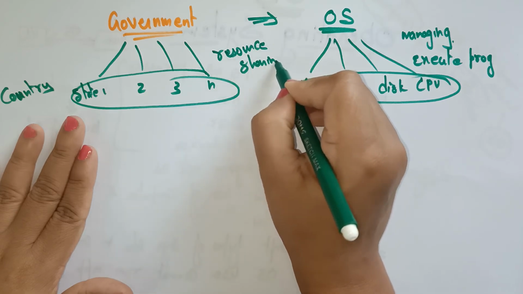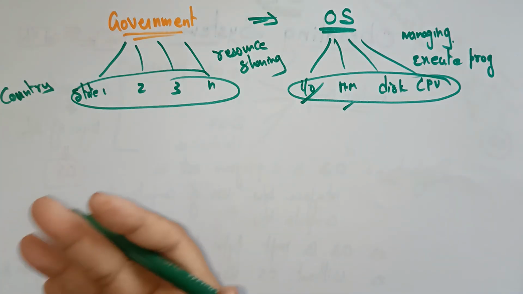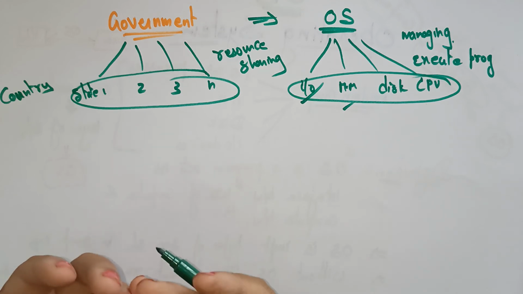The government is sharing the resources with all the states. Now let's take a current example. During this pandemic year, if the government wants to release medical appliances, it is not giving all the appliances to only one state. Whatever medical appliances are there, it shares them with all the states, and whoever is in need, it gives to those states first.